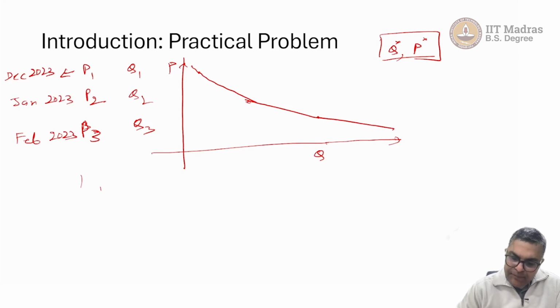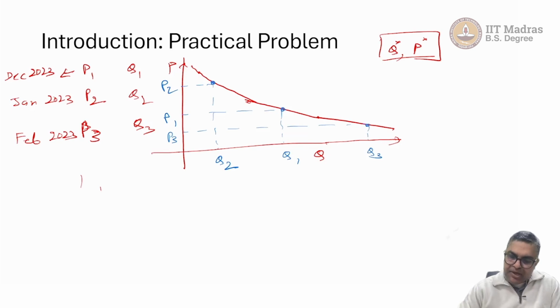And let us say that you have the points like them here. Let us say it so happens that this is your Q2, P2, this is your Q1, P1, and this is your Q3, P3.